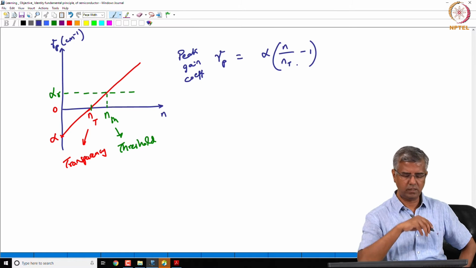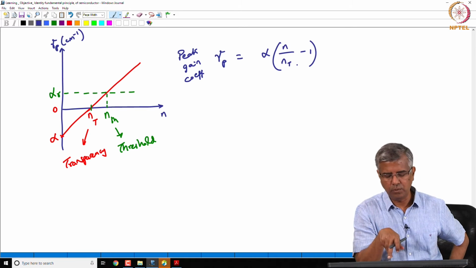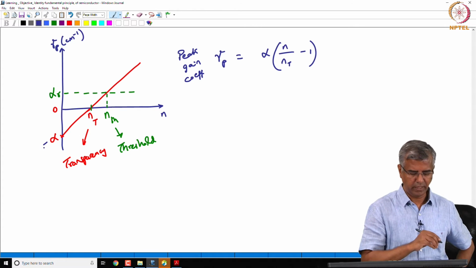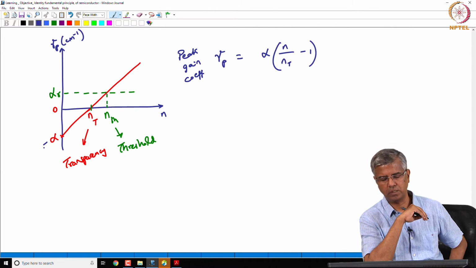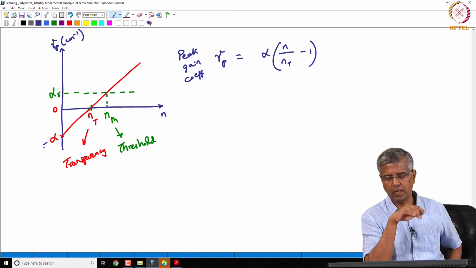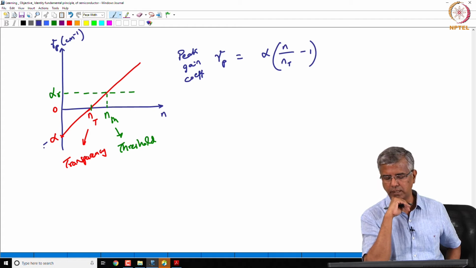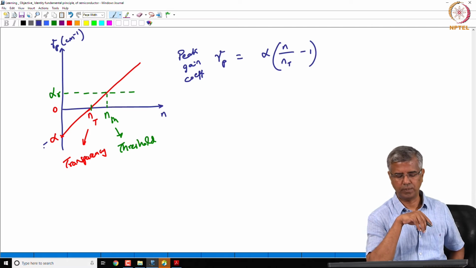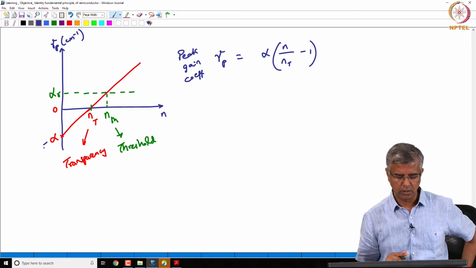So, that represents this straight line over here. Let us just quickly check: when n equal to 0, gamma p is equal to minus alpha, right. So, this is negative gain, corresponding to minus alpha, and when n equal to nt, that is the transparency density, then gamma p equal to 0, right.